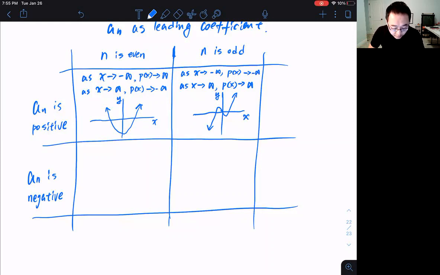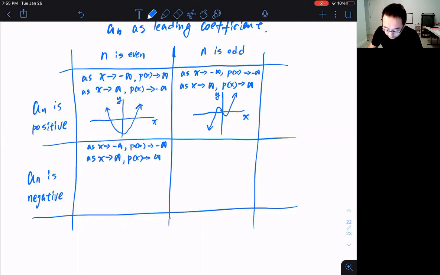And then over here, when an is negative, the leading coefficient is negative. So that means as x approaches negative infinity, p of x is going to also approach negative infinity, and as x approaches positive infinity, p of x also approaches positive infinity.